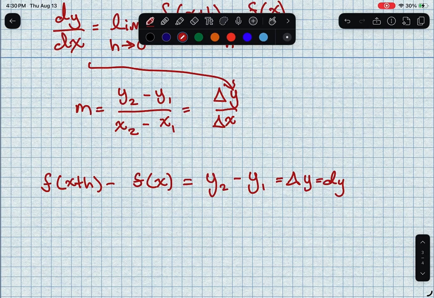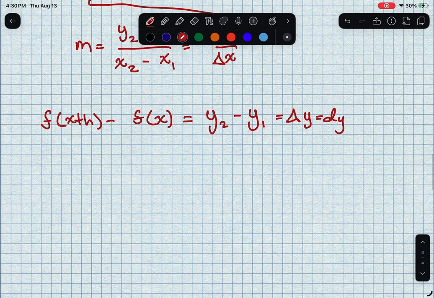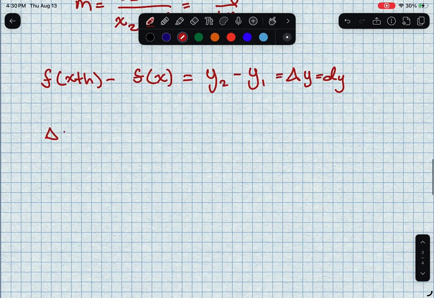The same thing happens with the denominator. We start out with some x coordinate on the x-axis, and our new coordinate is x plus h. So delta x is going to be x2 minus x1, where x2 is, in this case, x plus h, and x1 is just x.